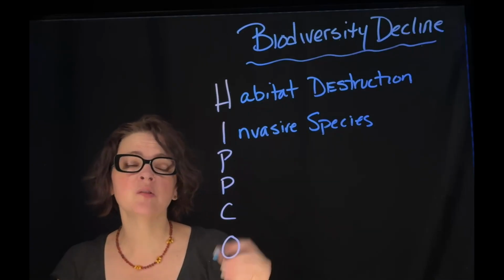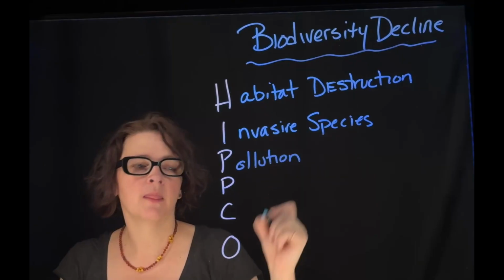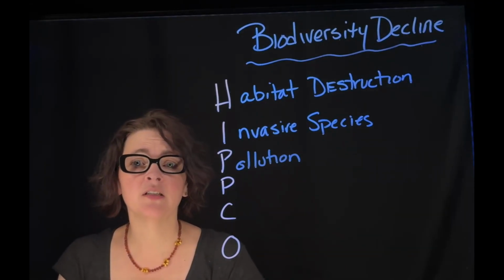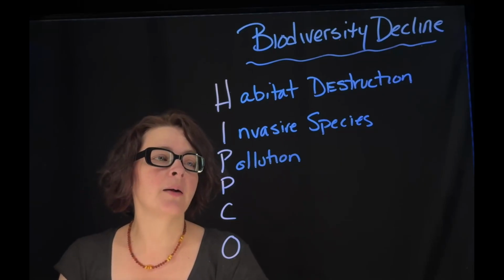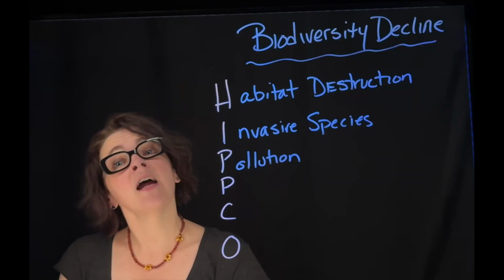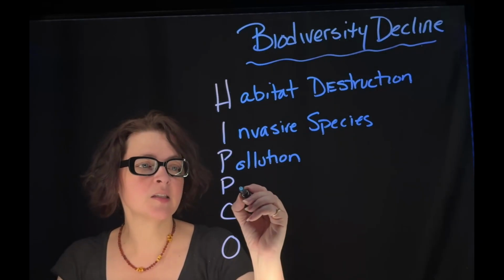We have two P's. One P is pollution. We have many different types of pollution that are going to affect biodiversity: air pollution, water pollution, thermal pollution, noise pollution. When we're talking about pollution, we need to make sure we're specific with the type of pollution that we're talking about. The other P is population.